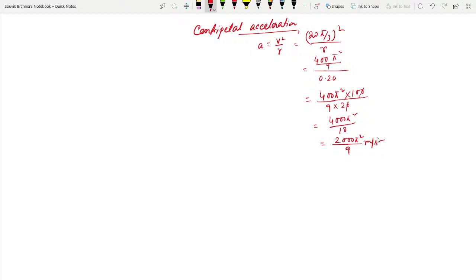Yes, linear velocity is 20 pi by 3, correct. You can also find centripetal acceleration using r omega square. Here it is 0.20 into omega square.